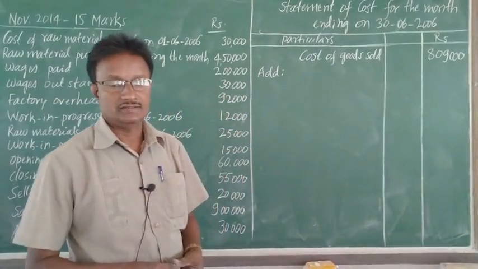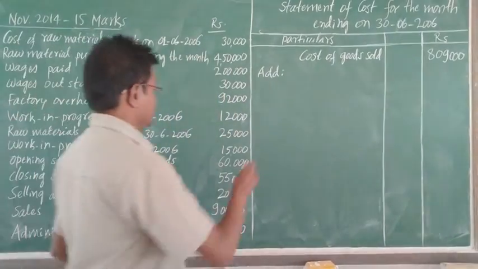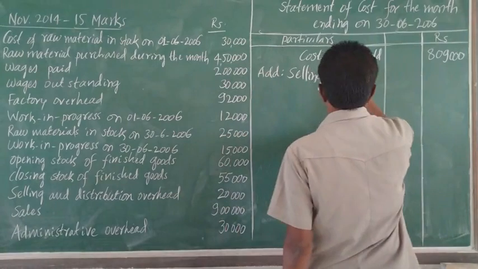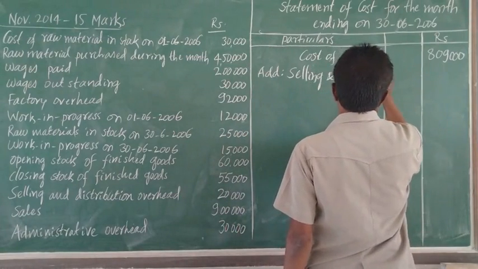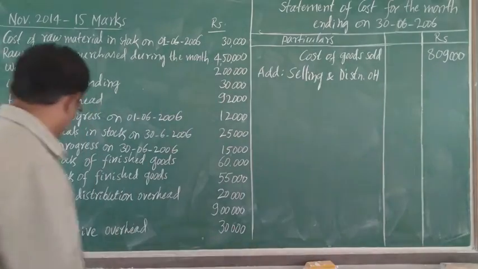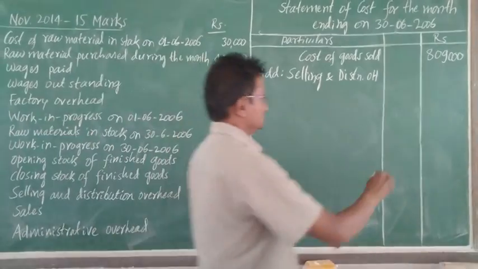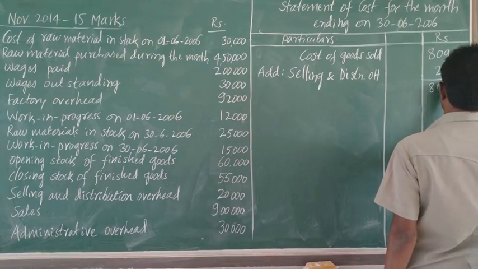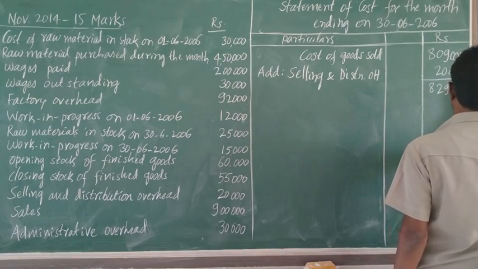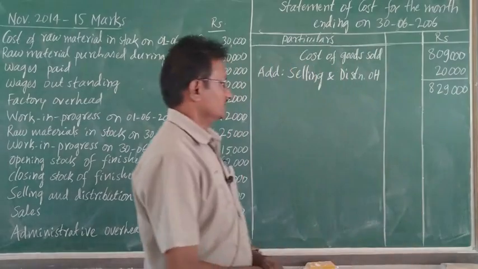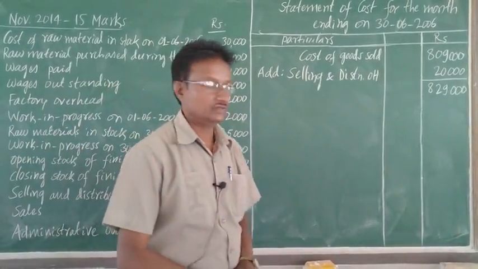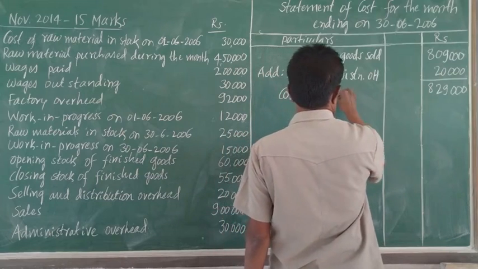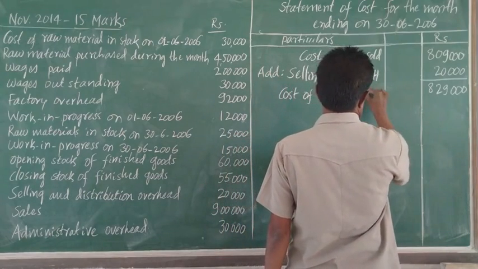To this figure, we have to add selling and distribution overhead, which is 20,000 rupees. So, the total becomes 8 lakh 29,000. It is the cost of sales, or it is also called total cost.